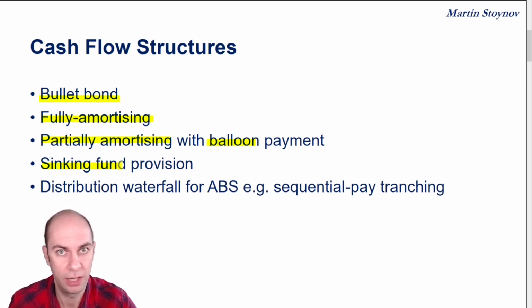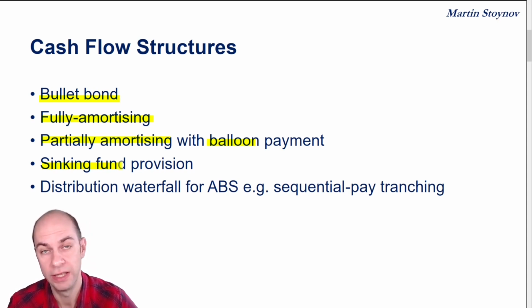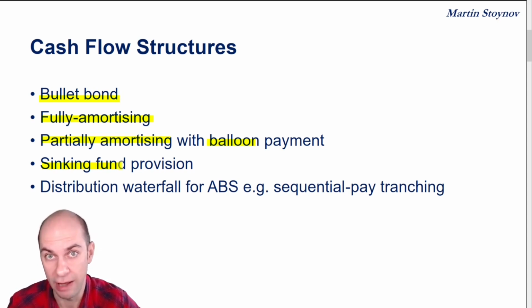Now, if you get a question about the credit quality of this, you can always conclude that a bond that has a sinking fund provision will have a higher quality than a comparable bond without a sinking fund provision. The logic being that the sinking fund is forcing the issuer to reduce his leverage over time. So it's basically increasing the likelihood that the issuer will be able to meet the obligation, and it's giving extra comfort, therefore, to the investor.